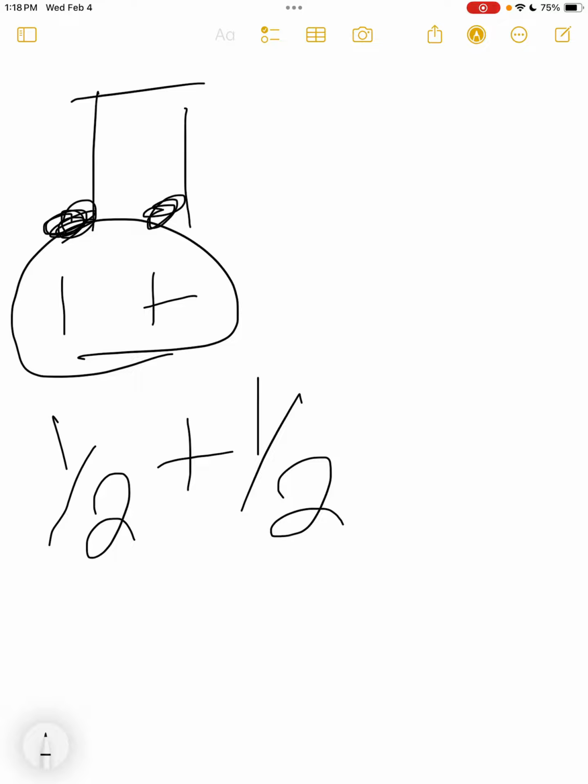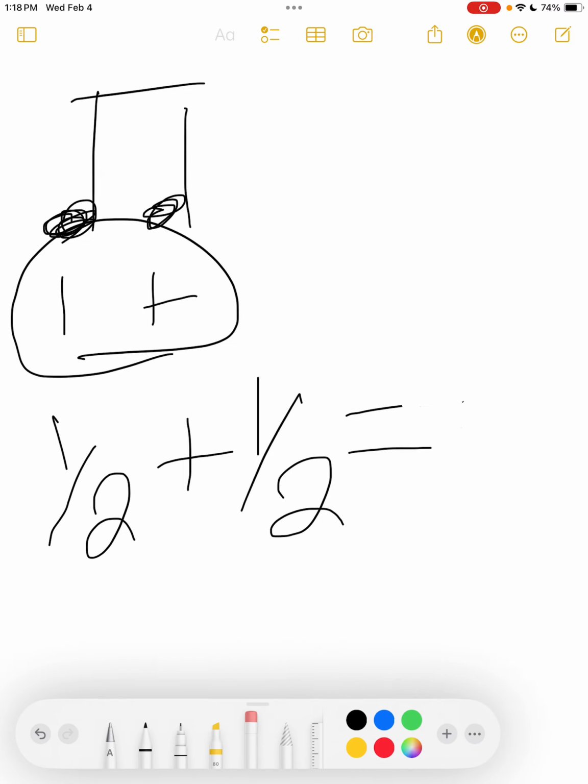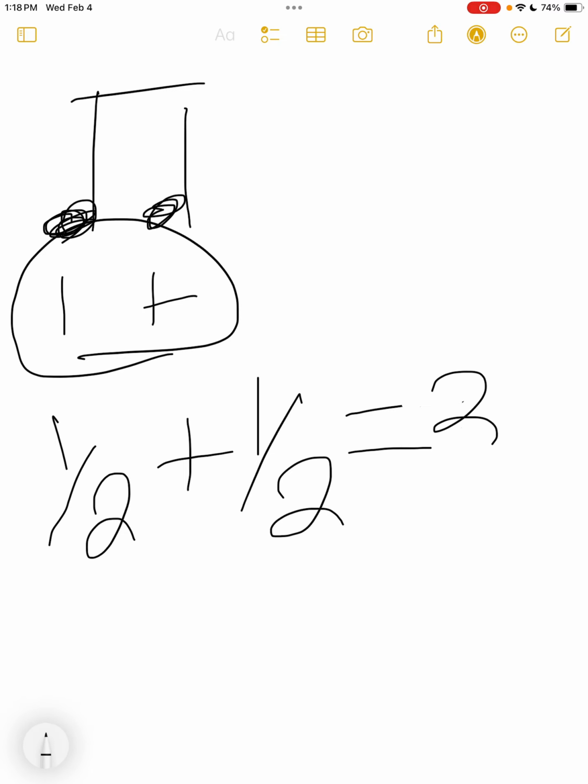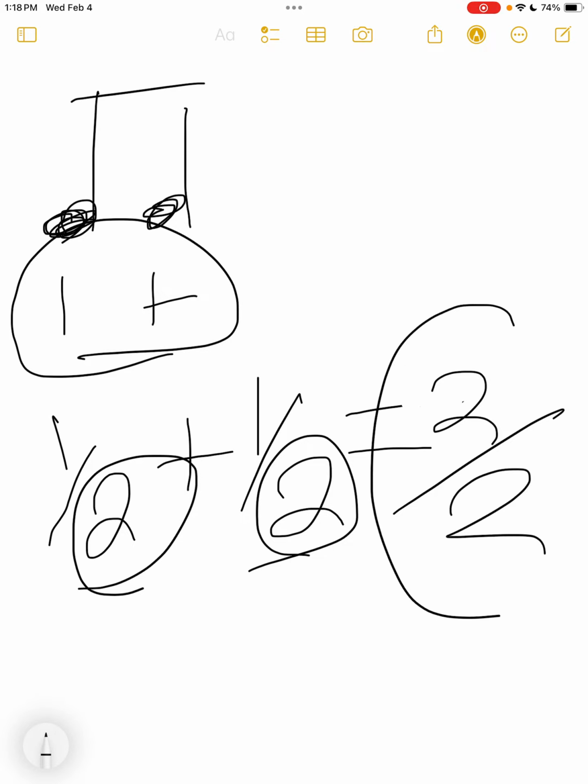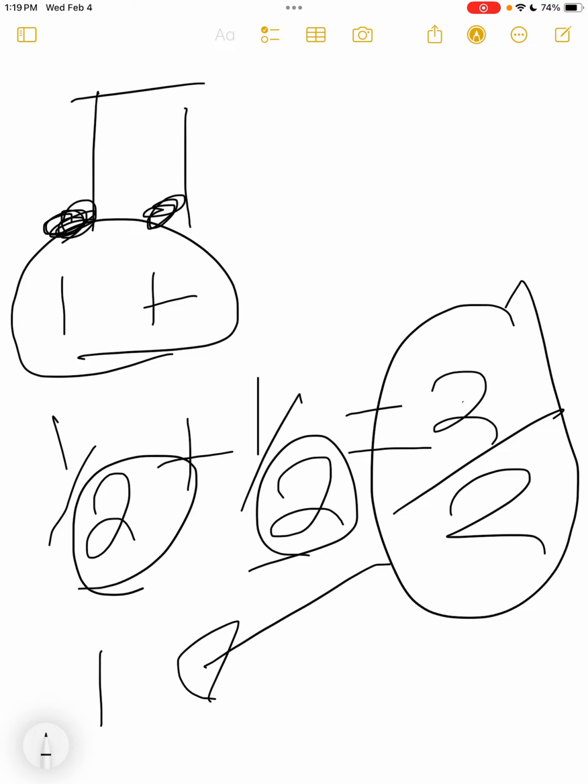It's common math: 1 plus 1 is 2, take the bottom, 2 over 2. I'm going to simplify this, being 1 quarter.